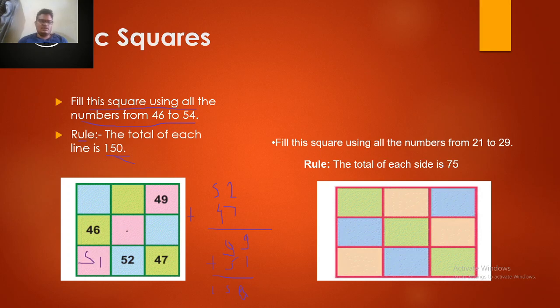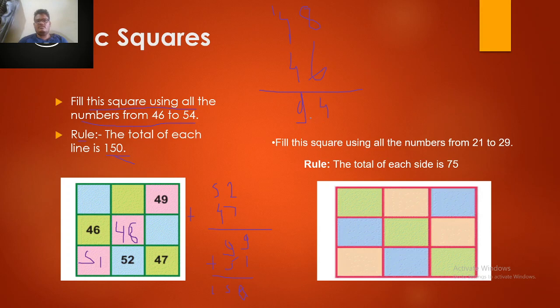Now look at here, check here. 46 done, 47 also done, 48 left. Suppose we write here 48. So 48 plus 46, 94. So which number do we need to complete it?